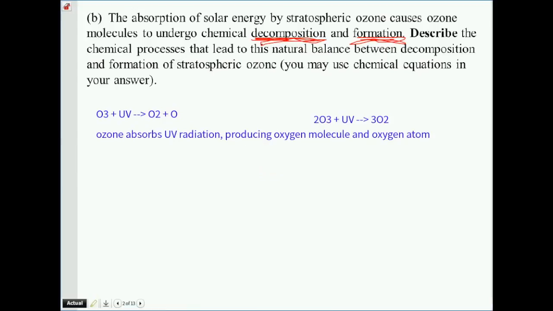So either one of these would be okay. That's the decomposition, and then the formation you can write is basically the opposite, which is kind of nice, because you really only have to memorize one equation.